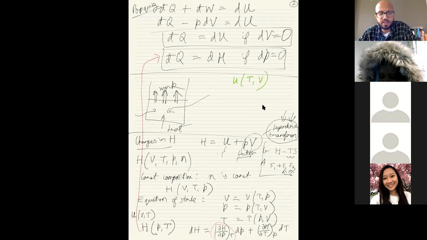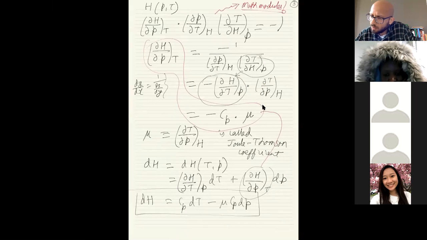It's useful. We did not call it natural variables. Similarly for H, we looked at constant pressure and temperature. And there we said dH is equal to partial H by partial P at constant T dP, plus partial H by partial T at constant P dT.